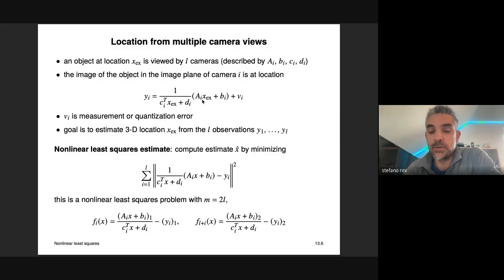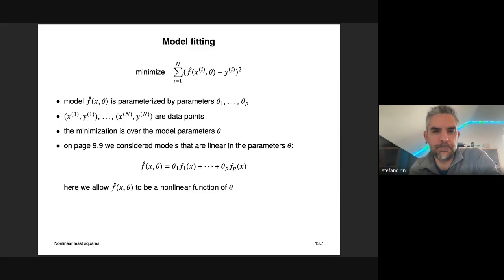The location of the 3D point is unknown, and we want to estimate it, so we take the minimum least squares, and this is the equation that we have. And this is indeed how, for example, perception and localization in 3D space is done in camera systems, or in systems that use, let's say, LiDAR or infrared light, where the nonlinearities of the system are minimal.